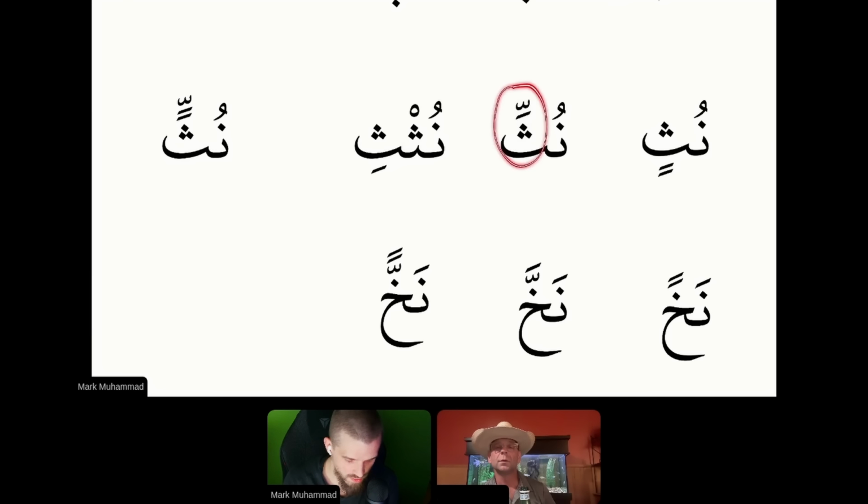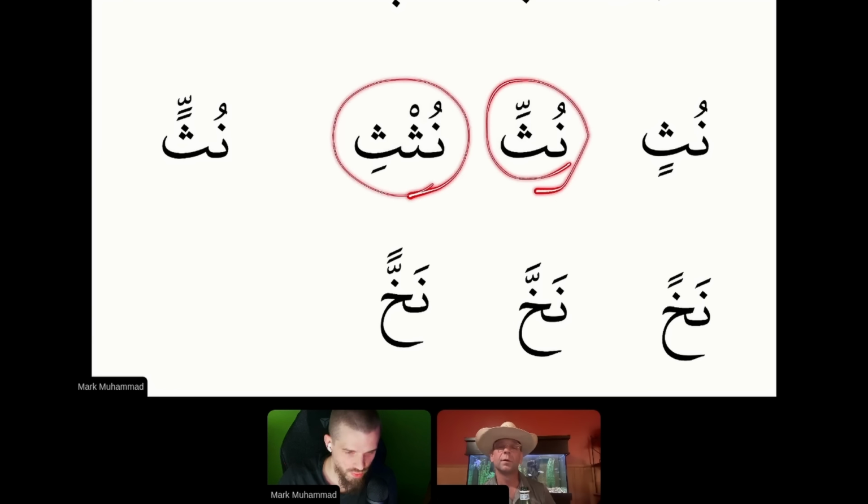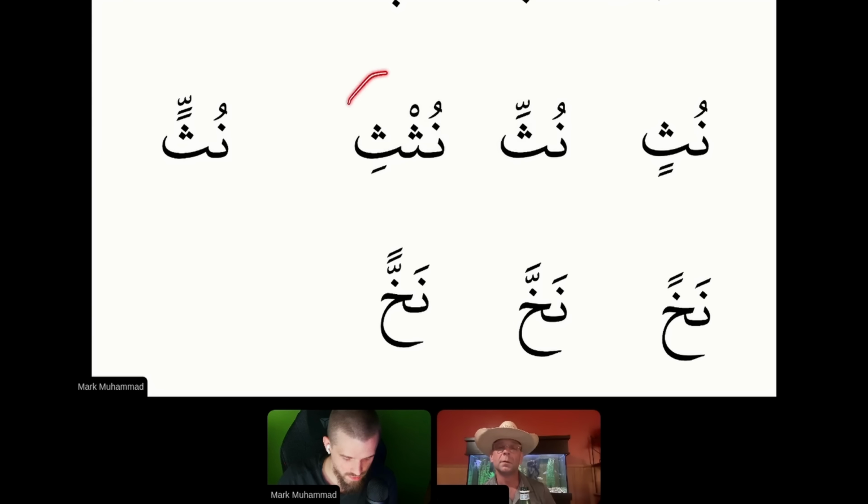But what it's saying is there are basically two of these letters. The tha is doubled. They're not pronounced exactly the same, but this is basically what it's trying to represent. Do you have any questions about that?